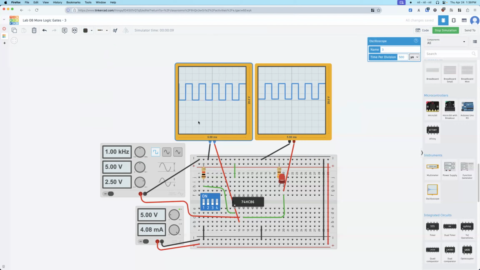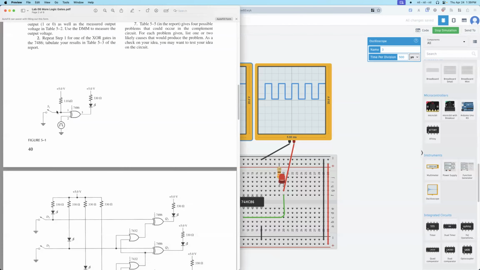Okay, so you can see now we can compare these 2 signals. So now just remember, the switch is open. So this pin 1, the input is 1, so it's the high voltage.